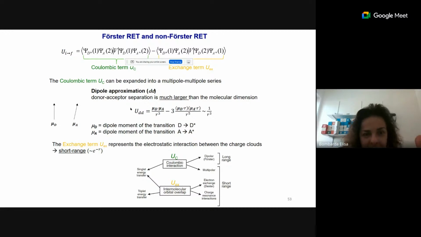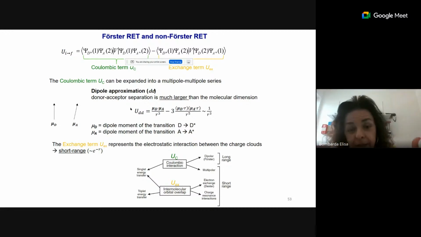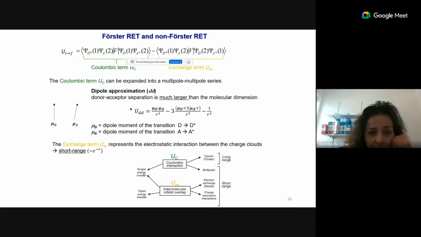We have always said that molecules in spectroscopy are represented by their corresponding dipole. So we have the dipole moment. In this case, the dipoles involved are the transition dipole moment d star in the donor, and the dipole moment a star in the acceptor.